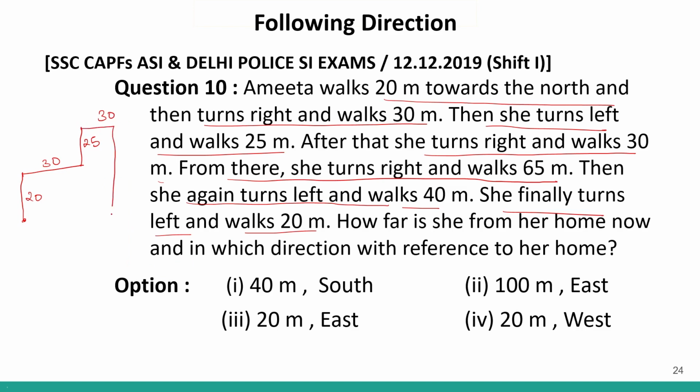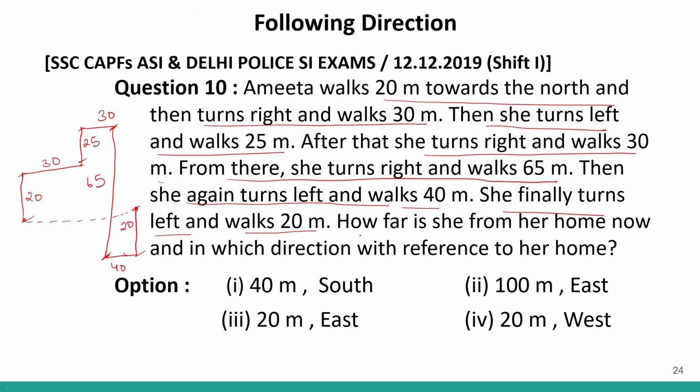So let's say 30, coming back for 65, then 40, and then here she finally turns left and walks 20 meter. So something like this. These 2 points will be in the straight line. How? If this complete line from here to here is 65, this is 25, 20, which is 45 plus 20, 65. So this point and this point will fall in the same line.